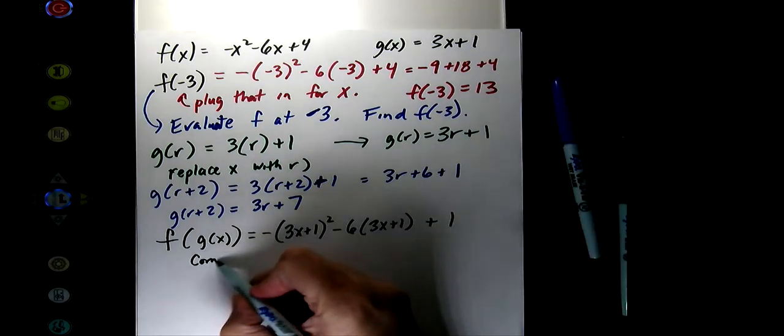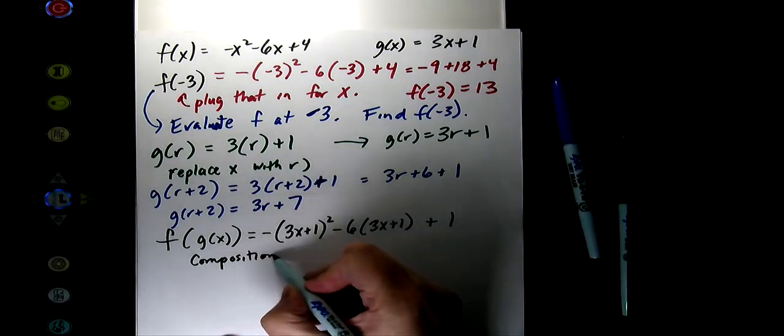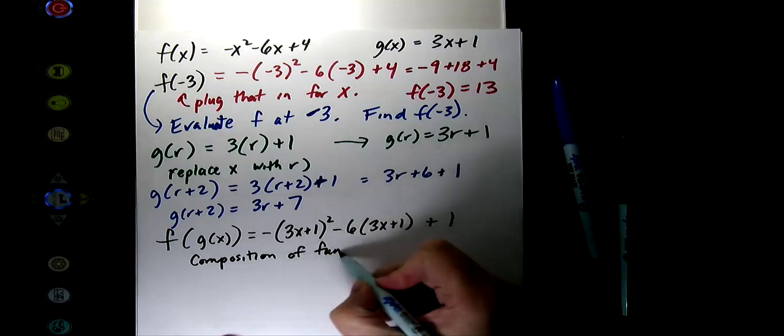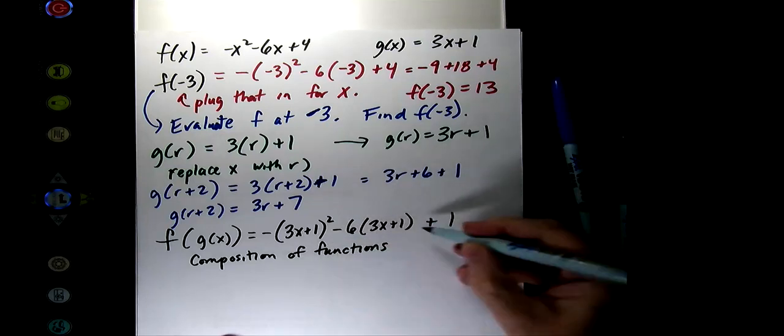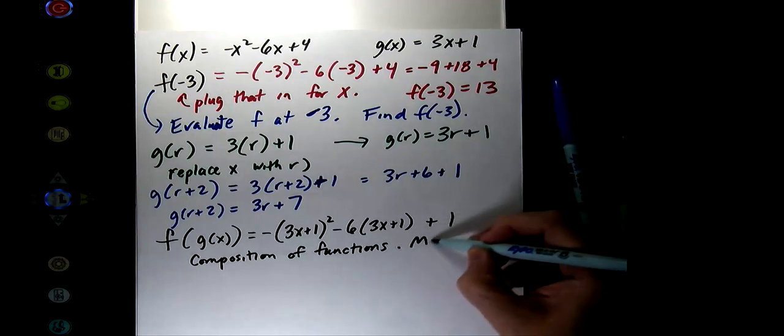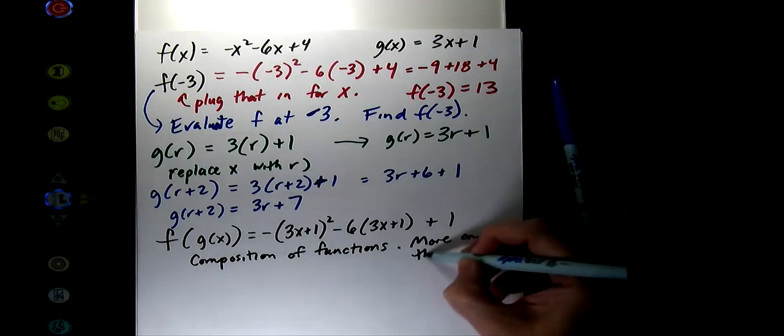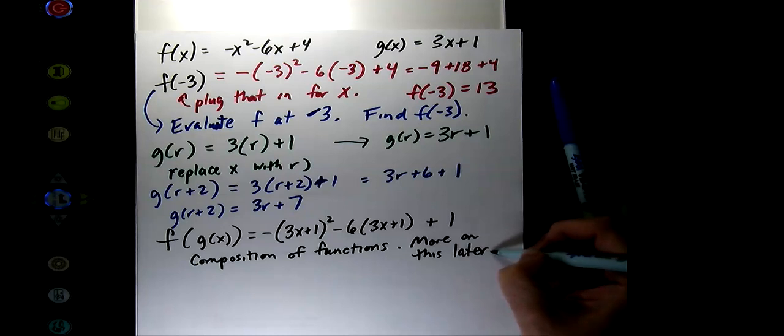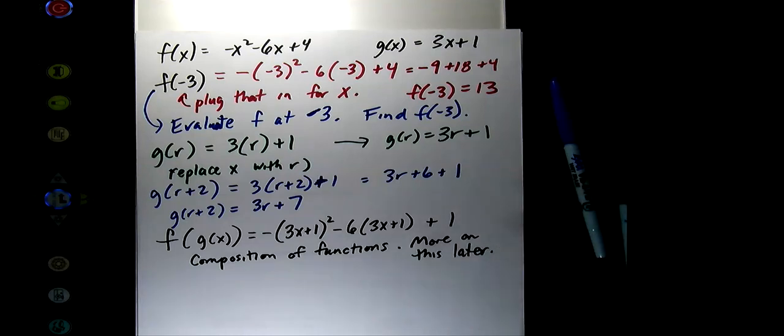This is called composition of functions. But I think if I show it to you here once, when you see it again later, you might think, oh yeah, we did talk about that for a second.